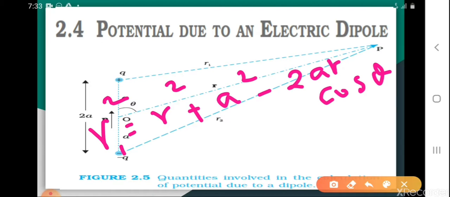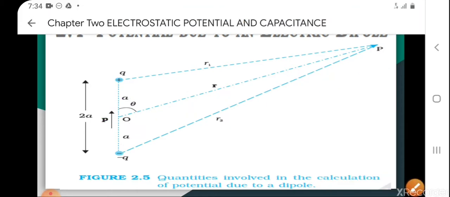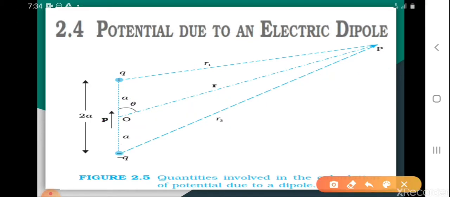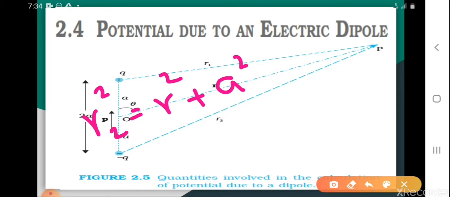Like that, what would be r2 squared? r2 squared will be equal to r squared plus a squared, here it is plus 2ar cos theta.